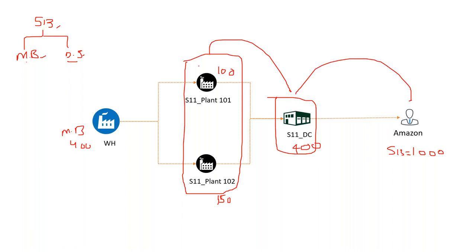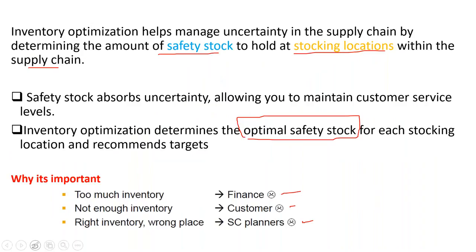Also the components, let's say the components have to be at the warehouse, so that the warehouse can send the motherboard and the dual speakers to the plant directly, instead of keeping the components at the plant itself. So that's the point here: right inventory, wrong place. We need to have the right inventory at the right place.